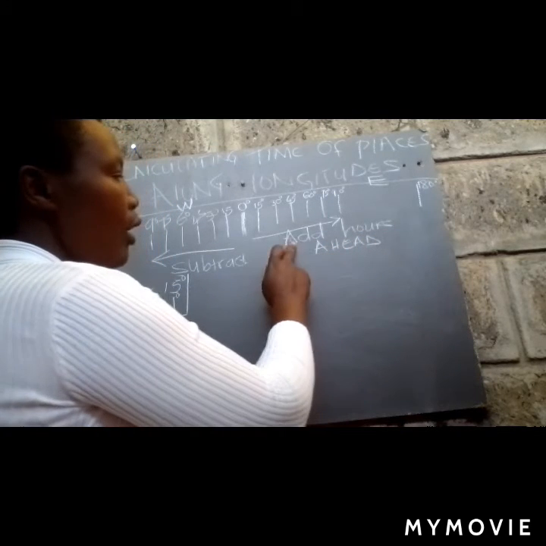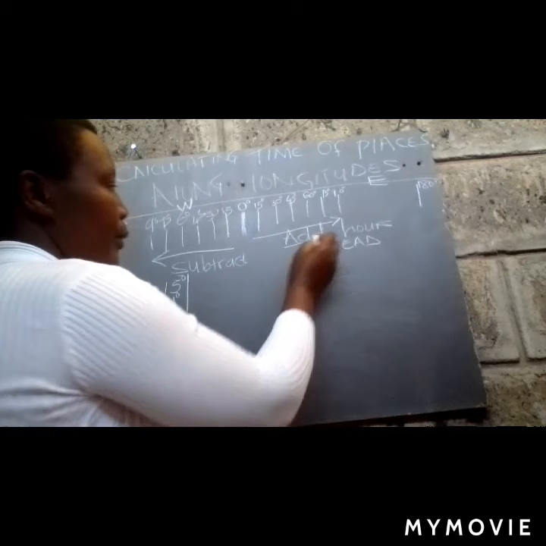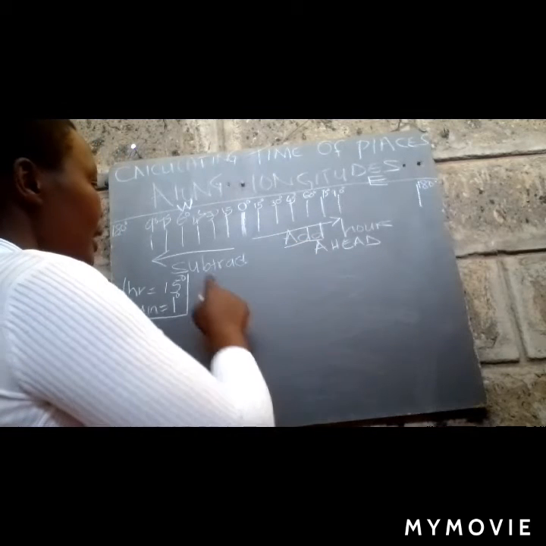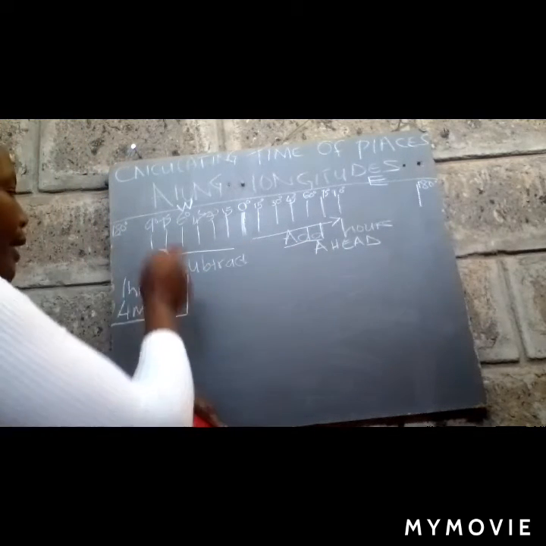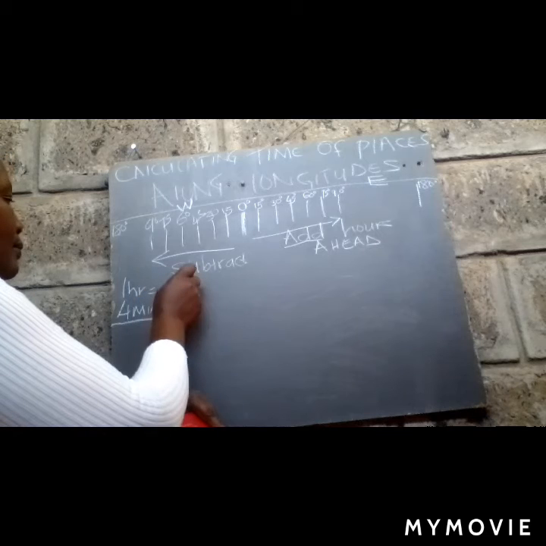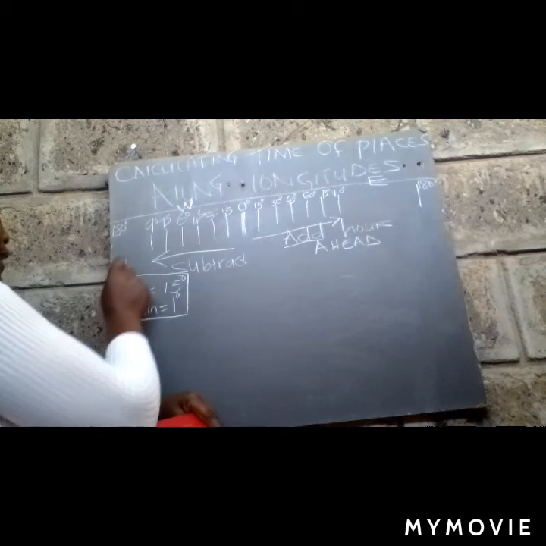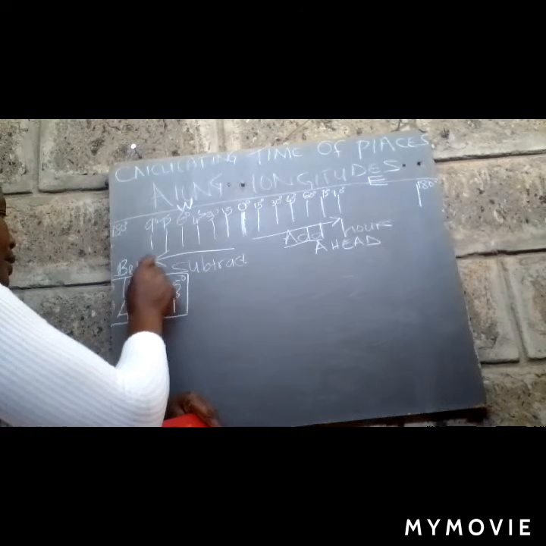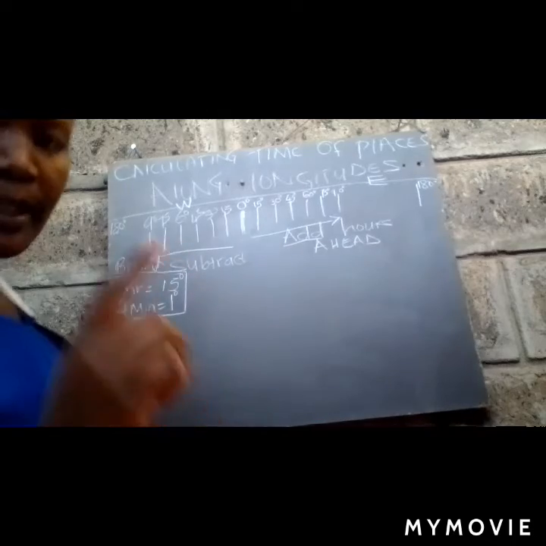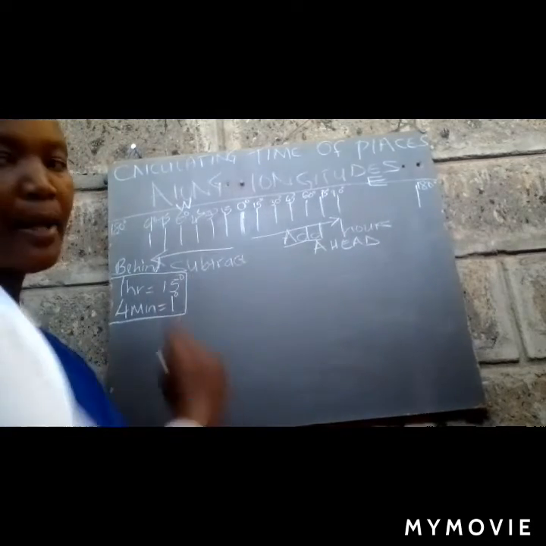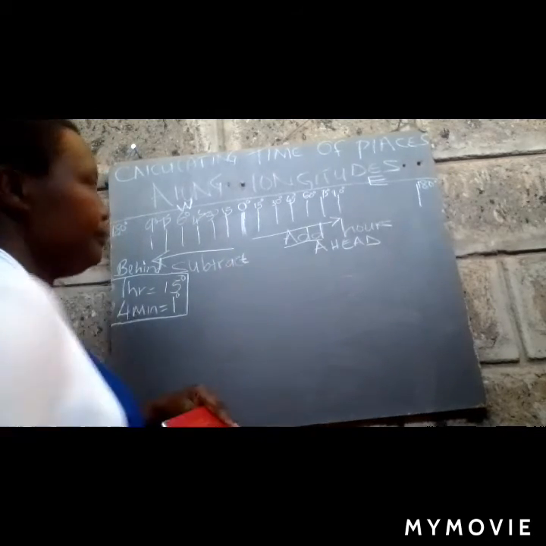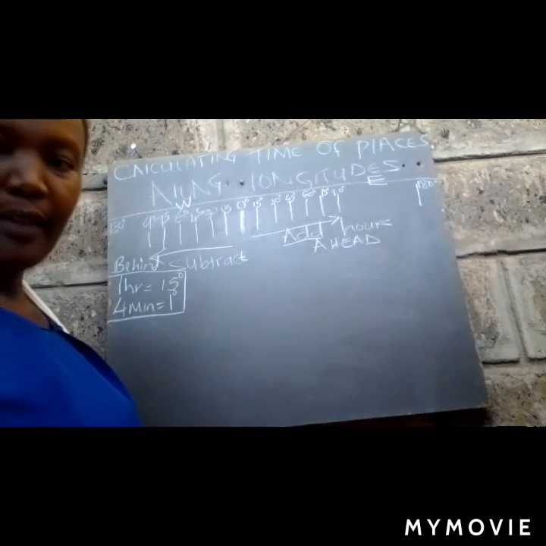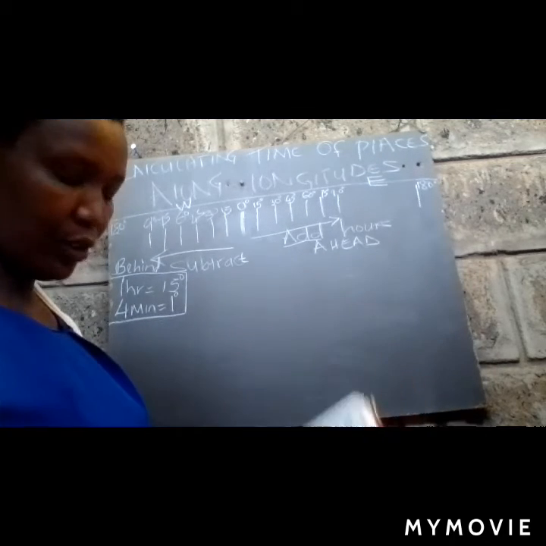We said we'll always add. We always add hours, and when we are going to the west, this is time behind. Always remember we subtract. So that will help us in calculation.